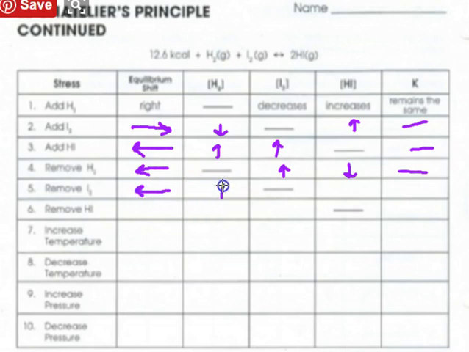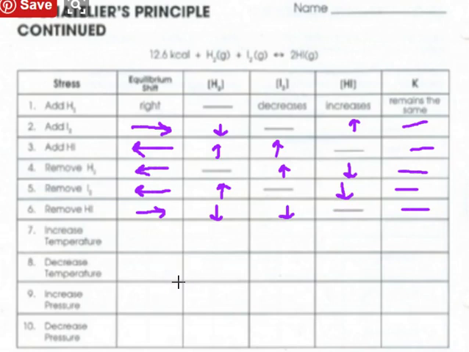H2 is also a reactant, so it would go up. HI is a product, so it would go down to try to make more I2, and K would remain the same. If you remove HI, you go toward the thing you're removing, and that's a product, so we'll go to the right. H2 is not a product, and we're going toward the products, so it goes down to make more HI, and that again would not affect K.